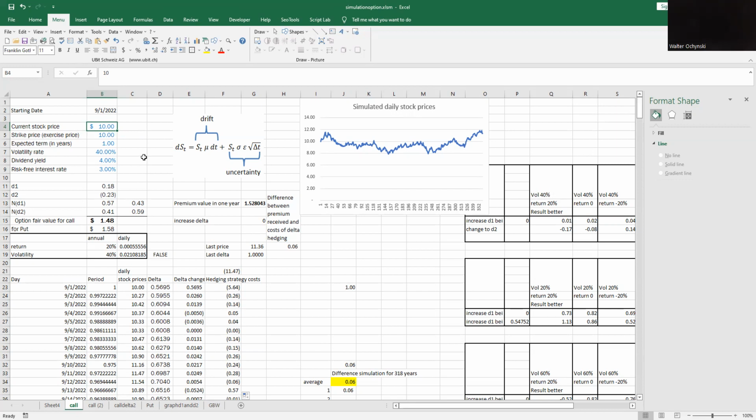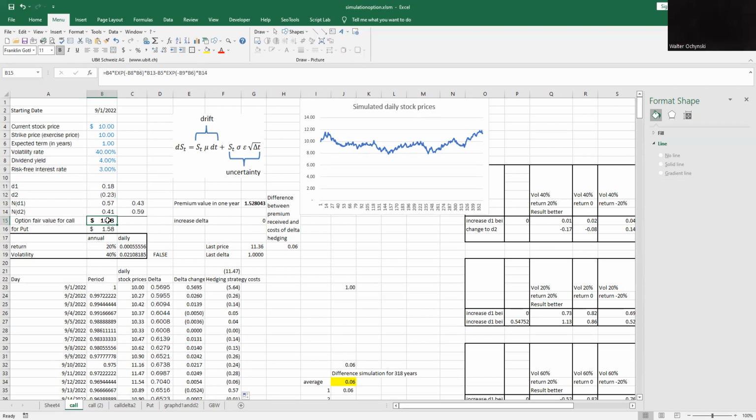We enter this in B4, then we have the strike price in B5, the expected term, we go for 1 year, in B6, volatility of 40%, dividend yield of 4% entered in B8, then the risk-free interest rate of 3% entered in B9.